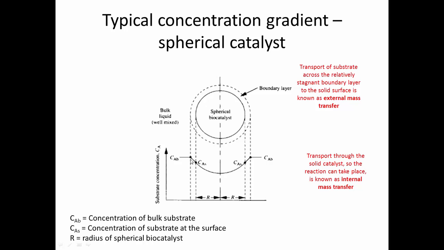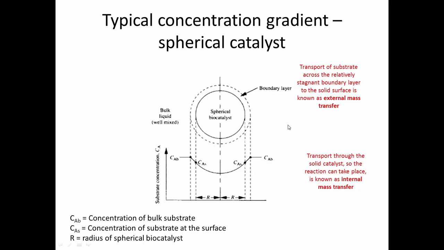And we see there's a decrease in the substrate concentration as we go from the edge of the boundary layer to the surface of the catalyst. And then also as you get into the catalyst, going towards the center, there's less and less concentration of substrate, and then the concentration increases as you get towards the surface on the other side.